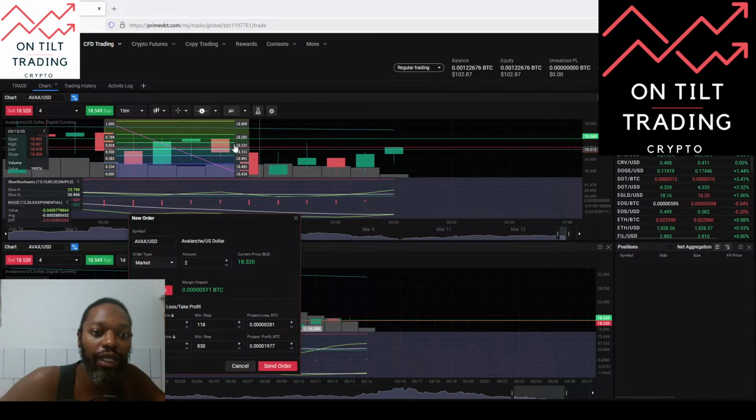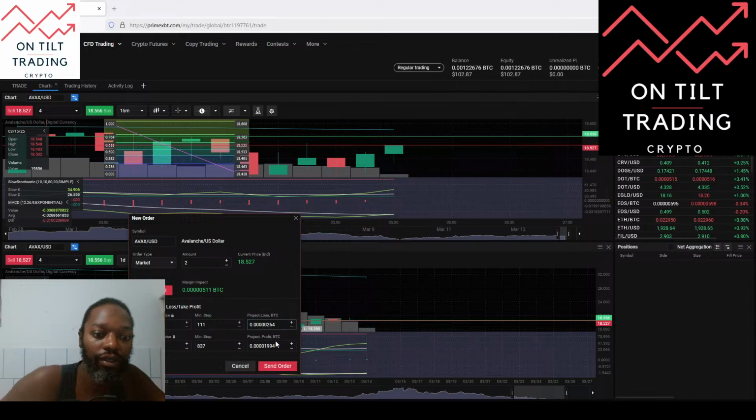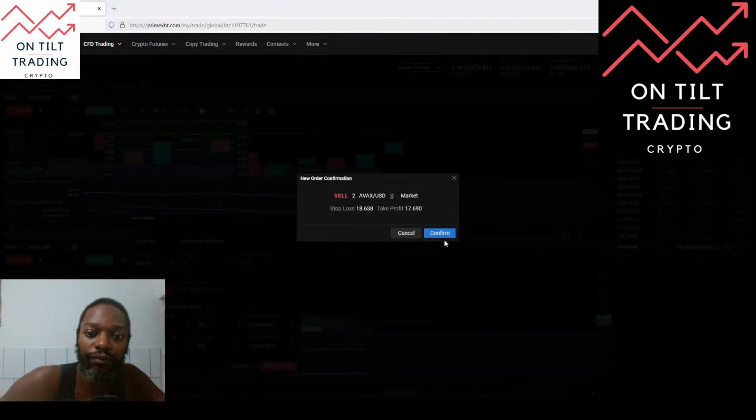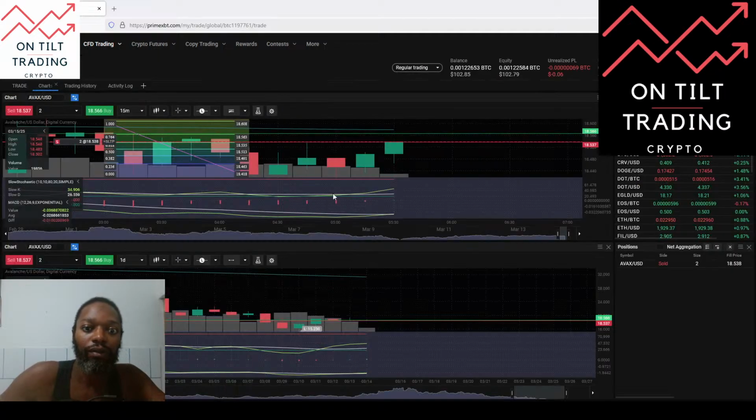If this bid line goes up to this green line right here, this 0.618 line, I'll take an entry. Okay, I just took an entry here on Avalanche.